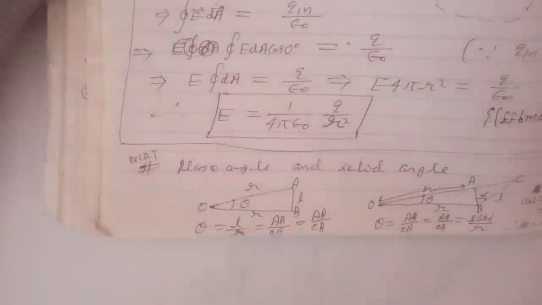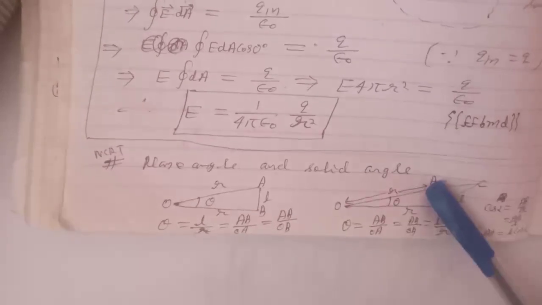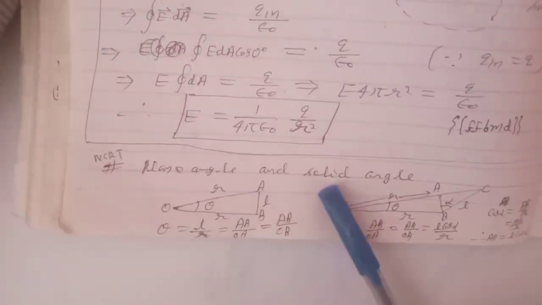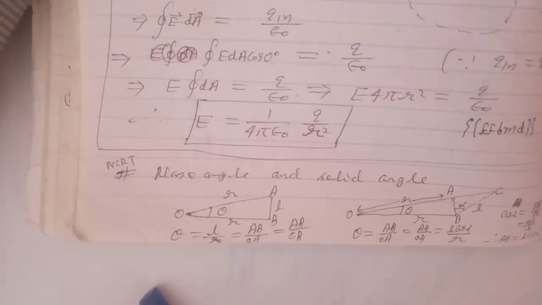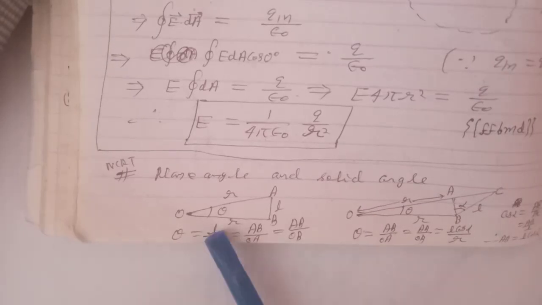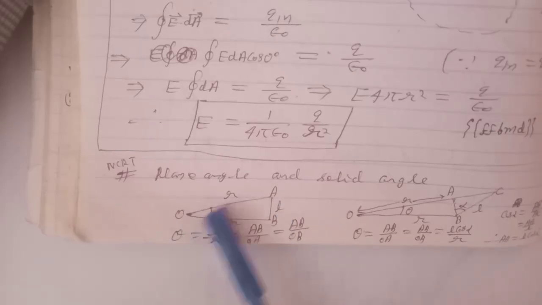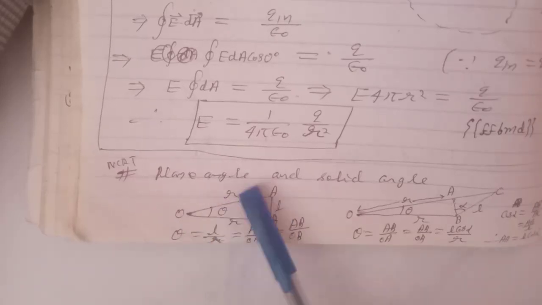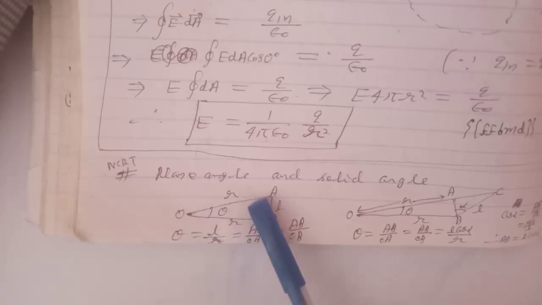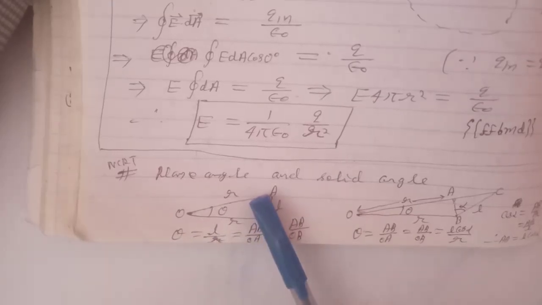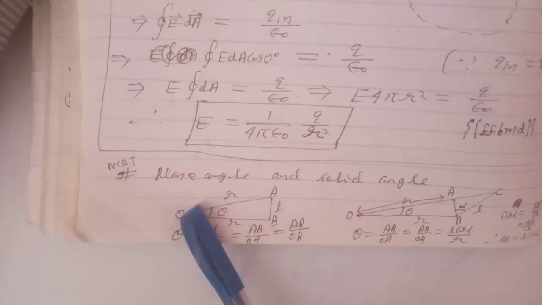Now, we should know one important topic, that is plane angle and solid angle. This is a triangle, and this is called an angle, the meeting point of two non-parallel lines.